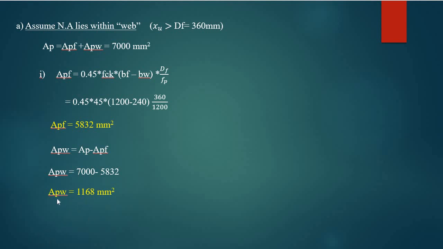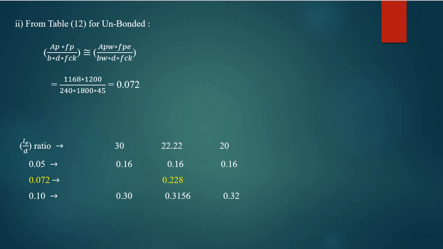First of all, why do we require these terms is, I will show you the ratio. That is, see here from table 12 for unbonded. Go to IS 1343 page 59. There you will get table 12 for unbonded.